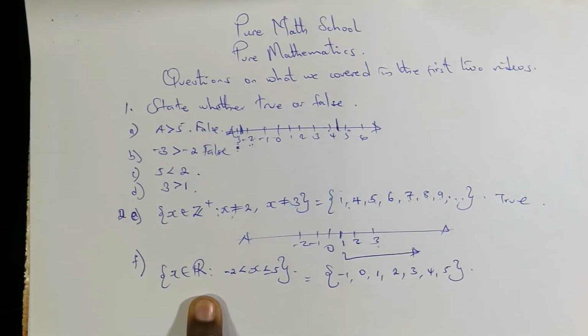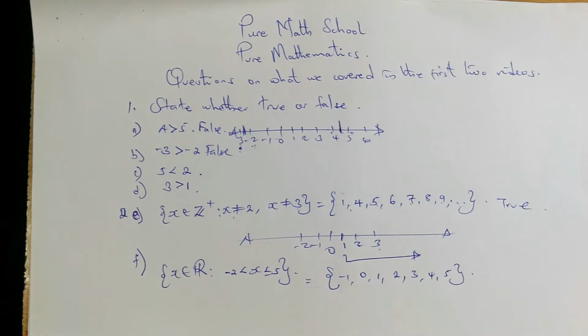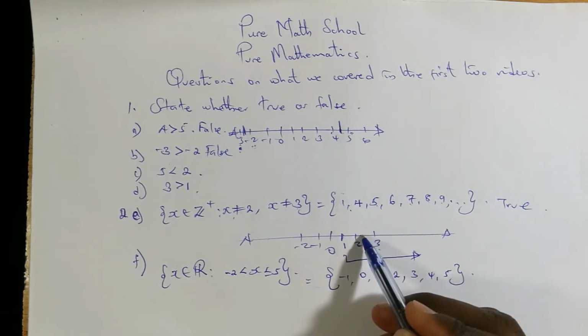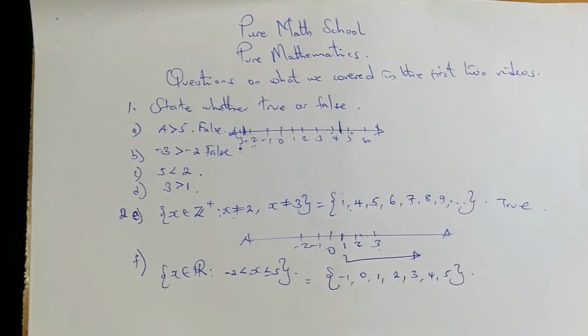We can't actually list all real numbers. Why? Because real numbers have both rational and irrational numbers together that form a set. On this number line, there are fractions in between, some rational and others irrational, but the number line basically shows us only integers.